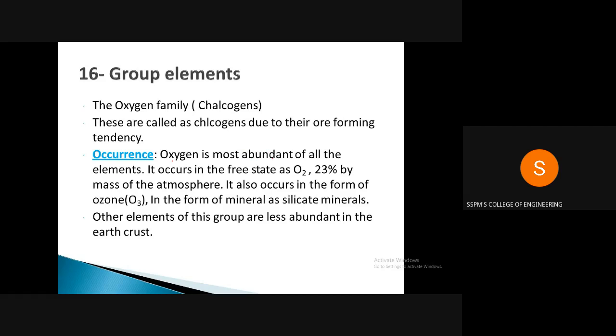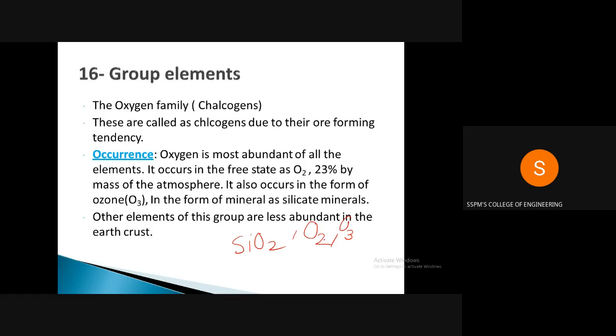Oxygen is the most abundant element and occurs in the free state as O2, 23% by mass of the atmosphere. It also occurs in the form of ozone, and in the form of minerals such as silicate minerals. Silicate minerals means silicon dioxide. So oxygen is O2, then O3, which is ozone, and SiO2, silicon dioxide.